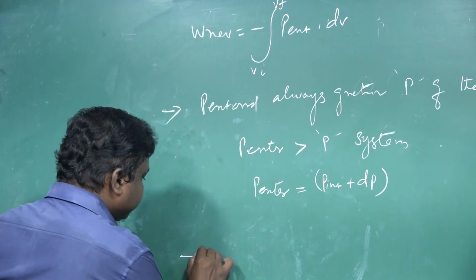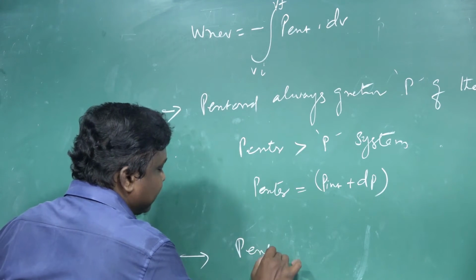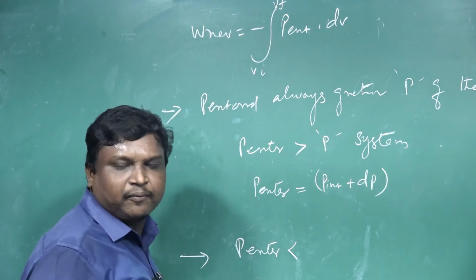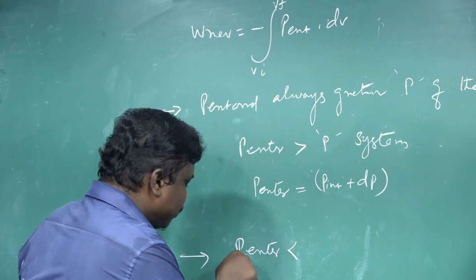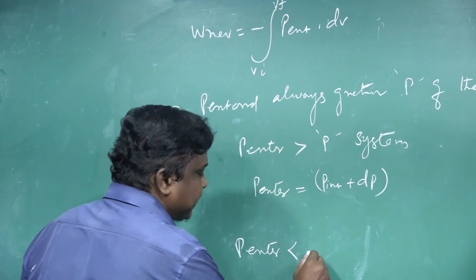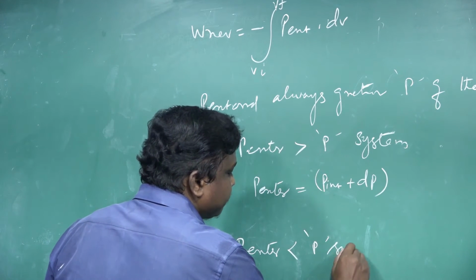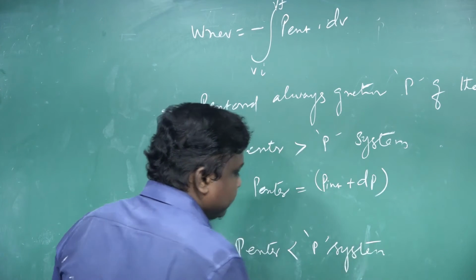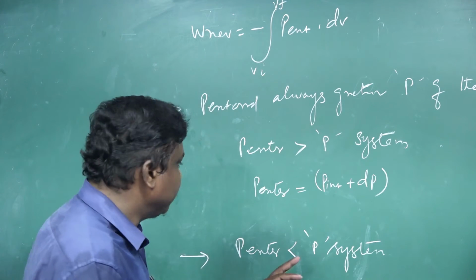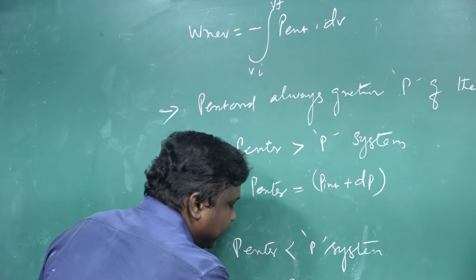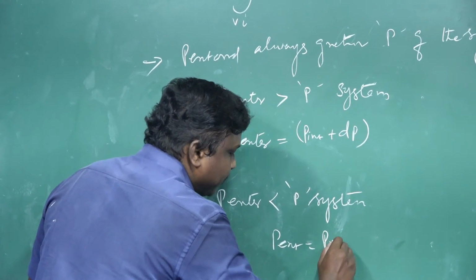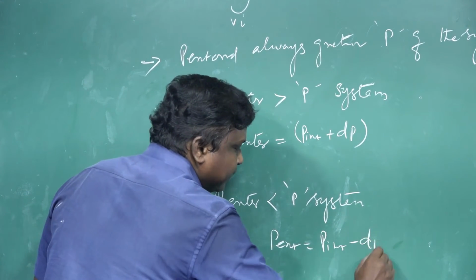Suppose expansion: the external pressure is always less than the pressure of the system. We can represent this as external pressure equal to internal pressure minus dP.